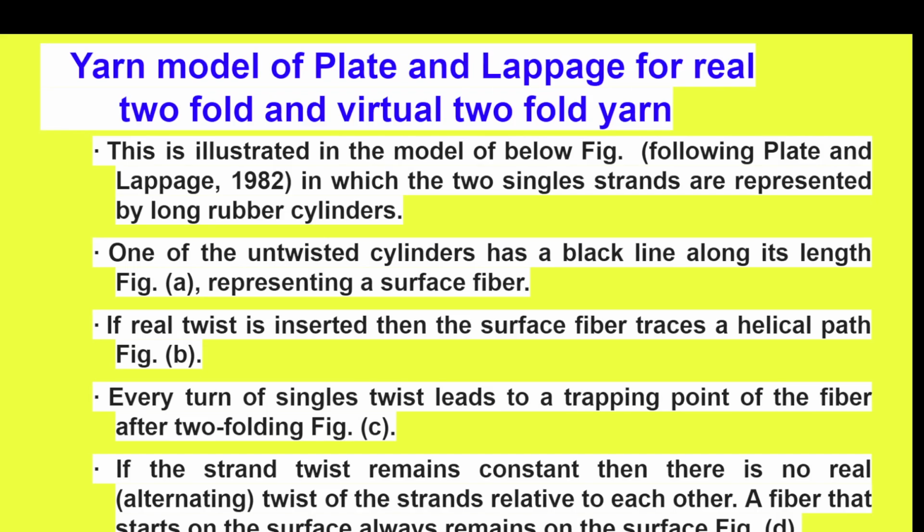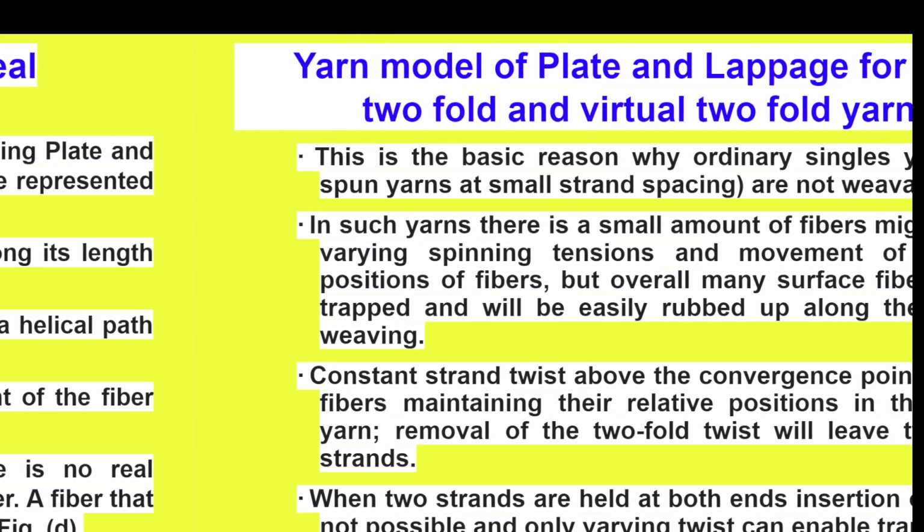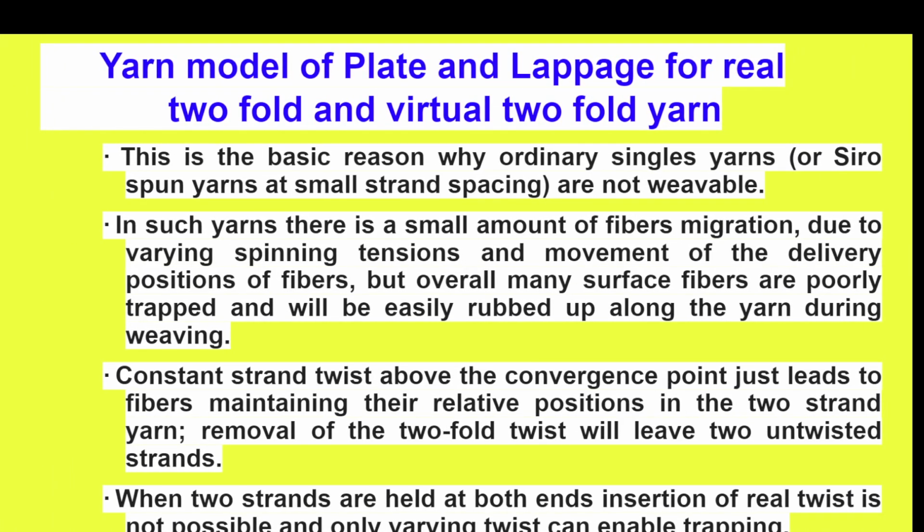A fiber that starts on the surface always remains on the surface as shown in figure D. This is the basic reason why ordinary single yarn or Siro spun yarn at small strand spacing are not weavable.